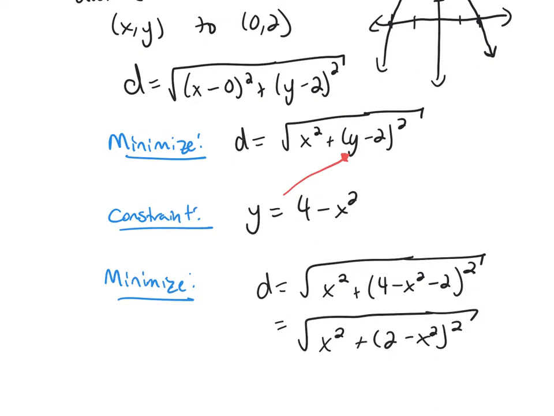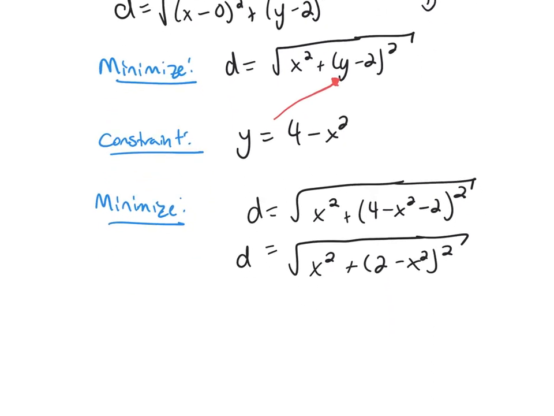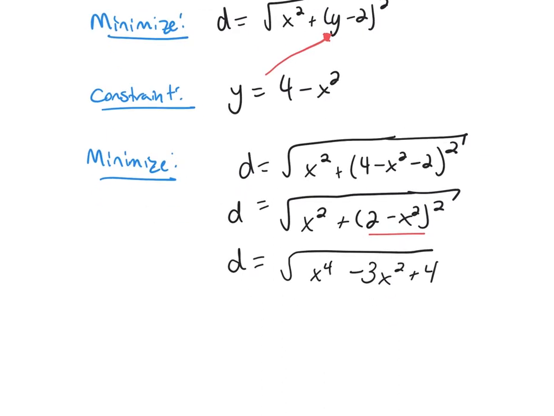And if you FOIL that out, you're going to get d equals the square root of x to the 4th, and then if you combine, you'll get minus 3x squared plus 4. So this is what we're trying to minimize. But really, because the square root is an increasing function, we just need to minimize the stuff underneath the square root.